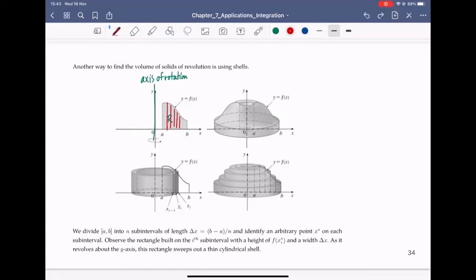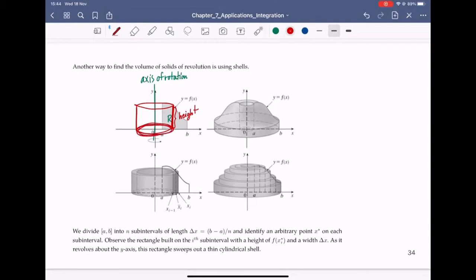You can do that, but for each line that you cut parallel to the axis of rotation, if you rotate it, you're going to get a cylinder. For each cylinder, you can compute the volume, which is going to be your height and your length, the circumference after you unfold it.